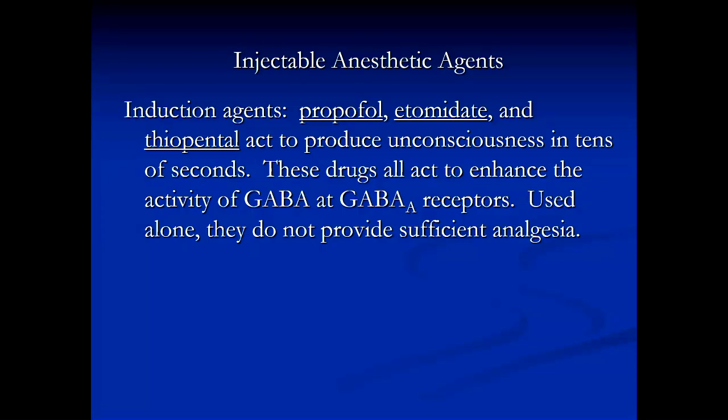So how do we know this, or what's the evidence for this idea? If you get an inhibition of consciousness in the individual such that they're no longer responsive to noxious stimuli, then you've achieved anesthesia.